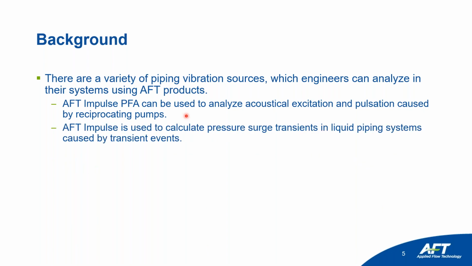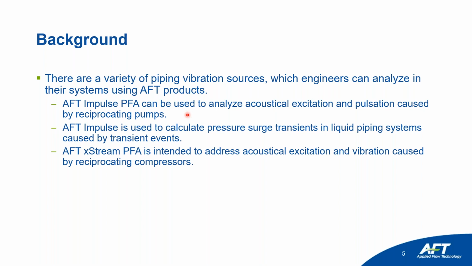AFT Impulse is used to calculate pressure surge transient in liquid piping systems caused by transient events. AFT Extreme PFA, which was released this year, is intended to address acoustical excitation and vibration caused by reciprocating compressors.